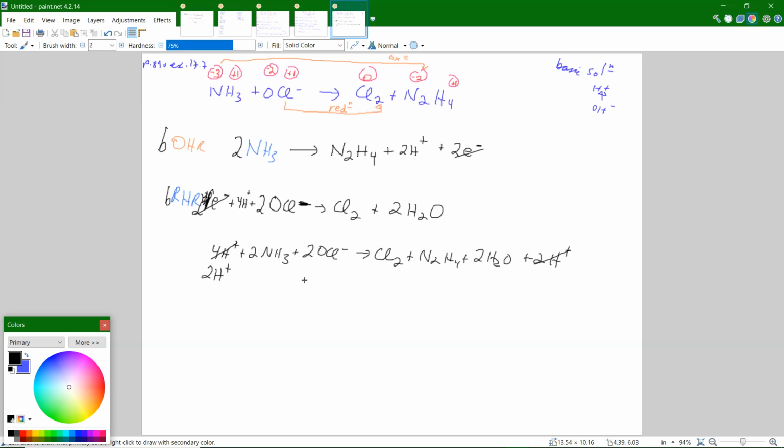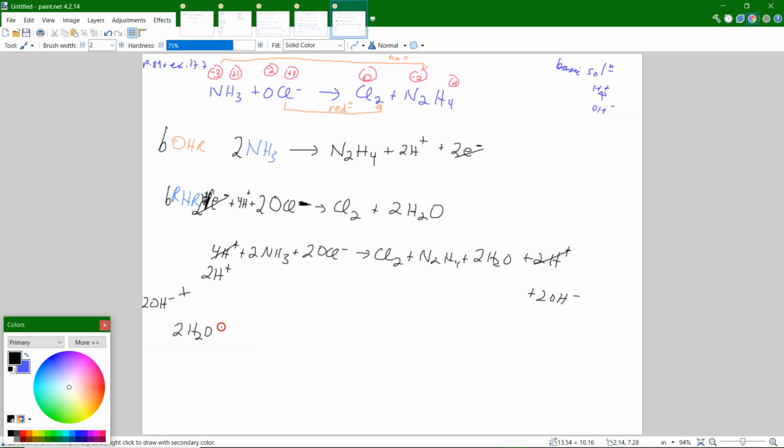But it didn't ask for acid environment. It asked for basic environment. So I'm gonna add OH minus to both sides. How many? 2. So if I have 2 OH minus here, and I'll put 2 OH minus there, then the 2 OH minus plus the 2H plus gives me 2H2O.